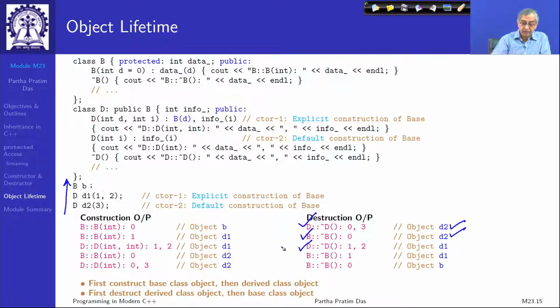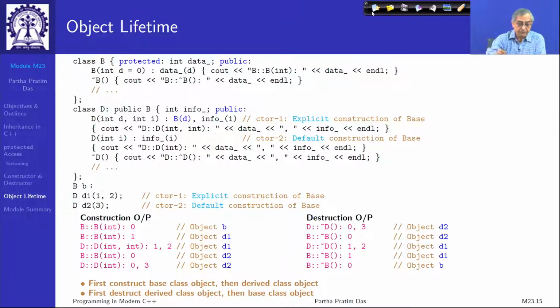Next is destruction of d 1, which calls the destructor for class B with the value 1. So, the destruction of d 1 gets completed, and finally, the destruction of the base class object B, with value 0, and that completes the lifetime scenario of all of these objects.